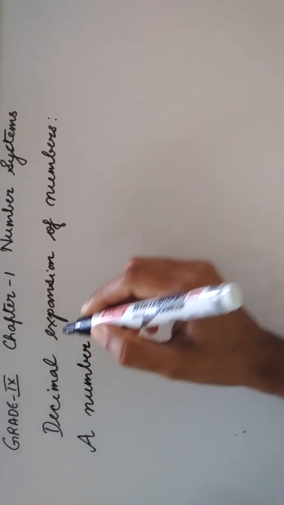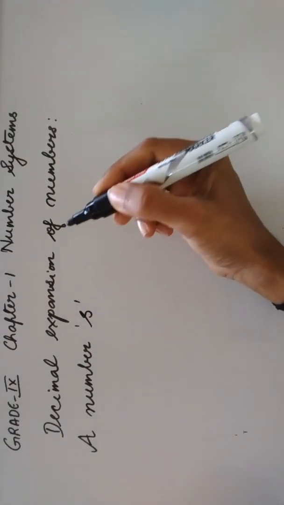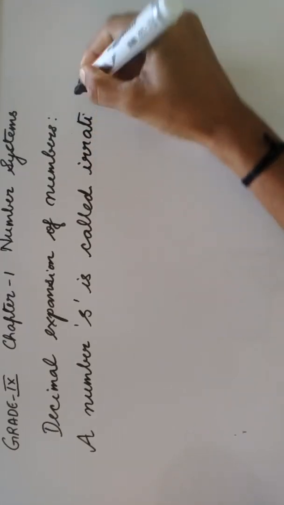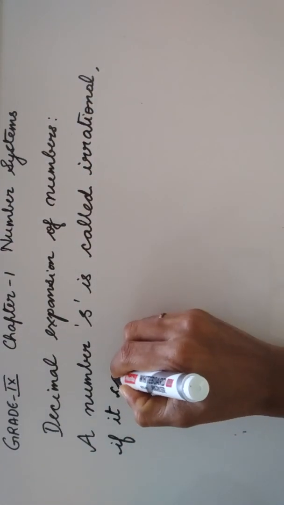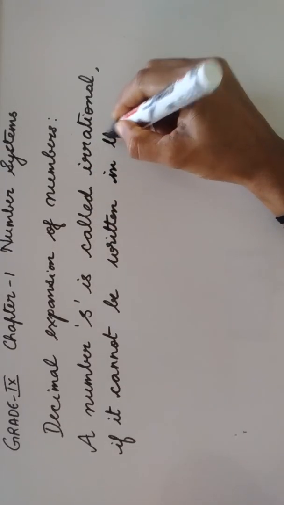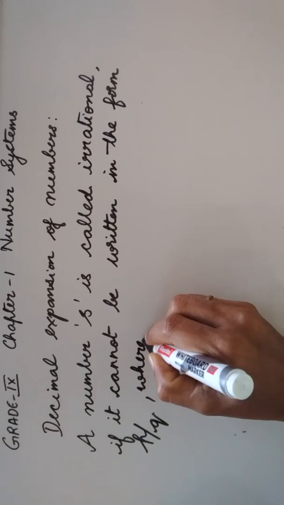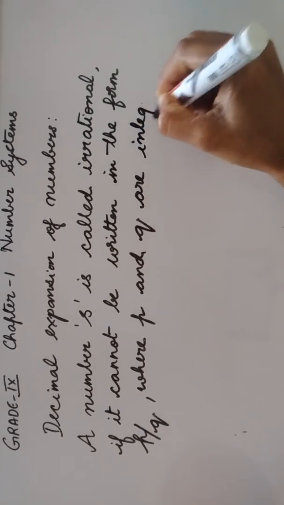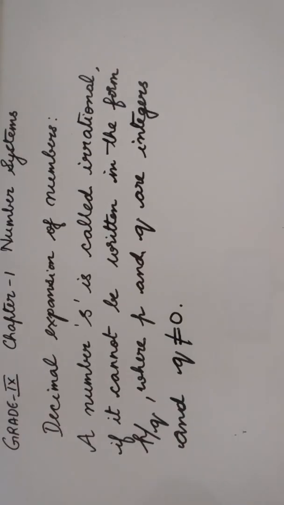A number, let us take the number as S. Okay, the number S is called irrational if it cannot be written in the form P by Q, where P and Q are integers and Q is not equal to 0.